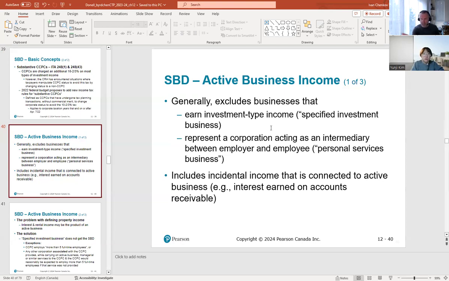If the company is dealing with the employee and is a mediator, that does not qualify for the active business income. It includes incidental income that is connected to the active business, like interest earned on accounts receivable. So interest earned on accounts receivable counts for the active business income. It's not income from investment. Make sense? Makes sense.